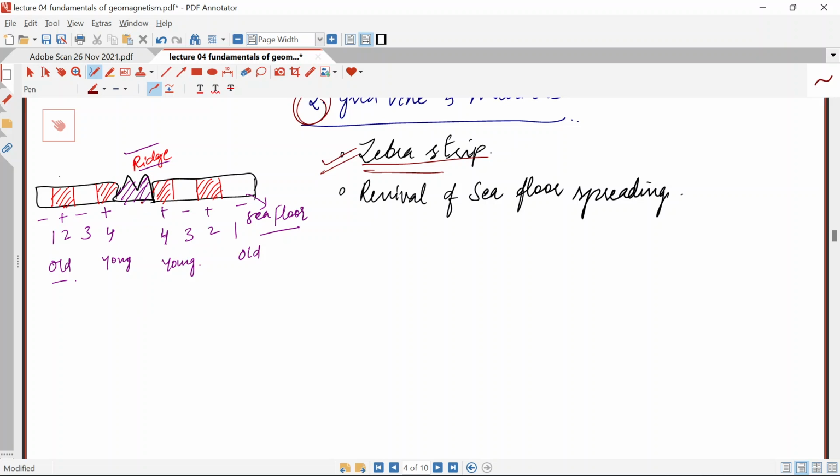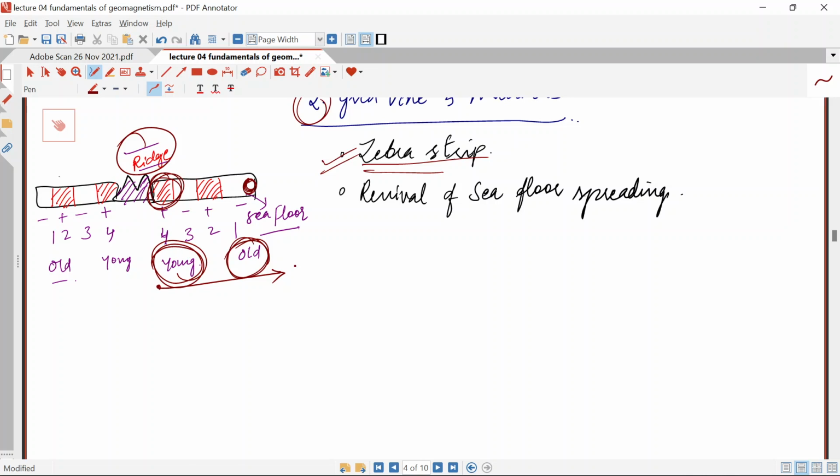If you consider this as a ridge, and you are moving from the ridge to the other end, you will find that the end is the oldest, and the layer formed near the ridge is the youngest.